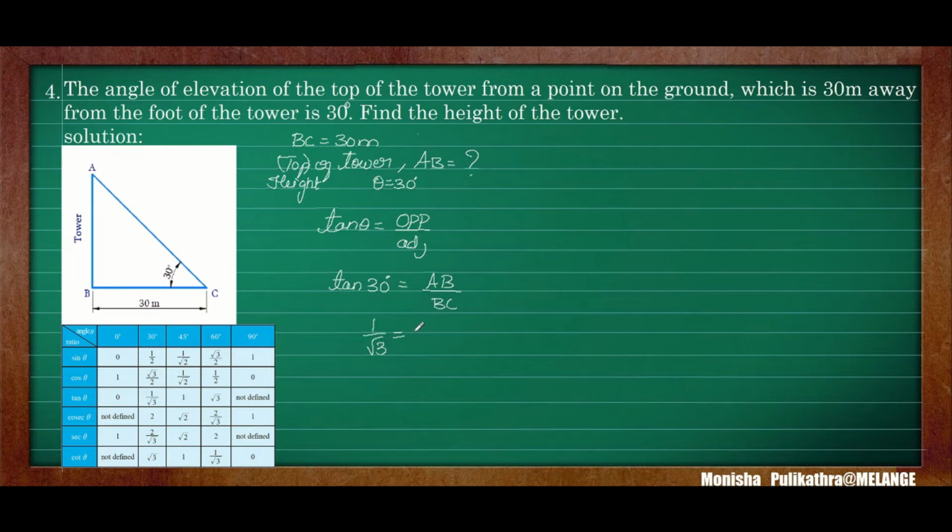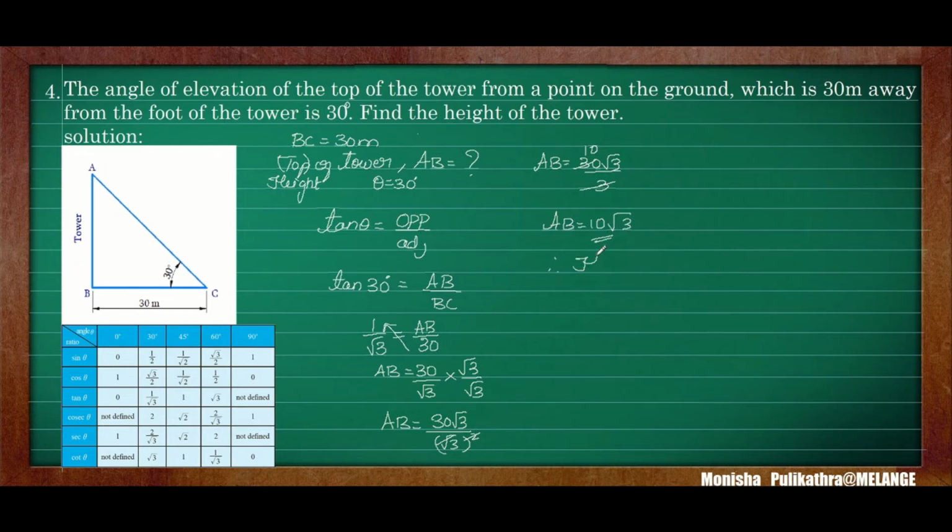So 1 by root 3 is equal to AB, which we need to find out, over BC, which is 30. So by cross multiplication we will get AB is equal to 30 by root 3. If in any number it stops here like this, we need to rationalize it. So AB is equal to 30 into root 3 is 30 root 3, and root 3 into root 3 is root 3 whole square, so square and root get cancelled. So AB is equal to 30 root 3 by 3. So 3 ones are 3, 3 tens are 30. So AB value is 10 root 3.